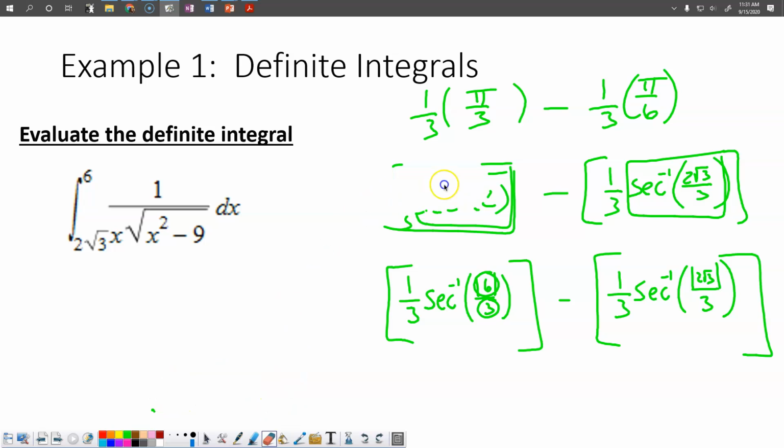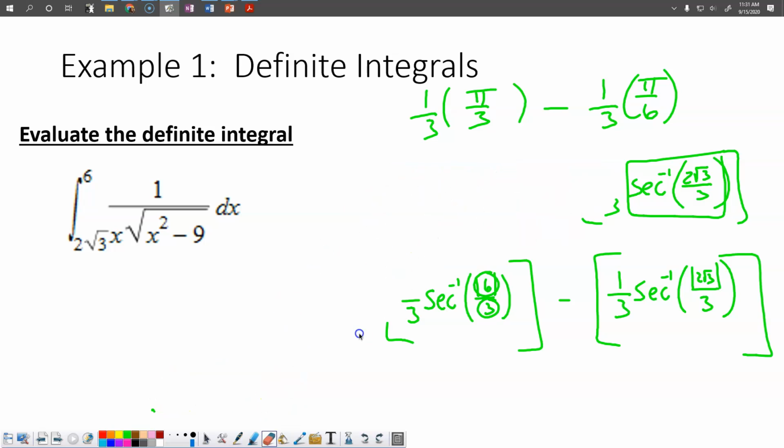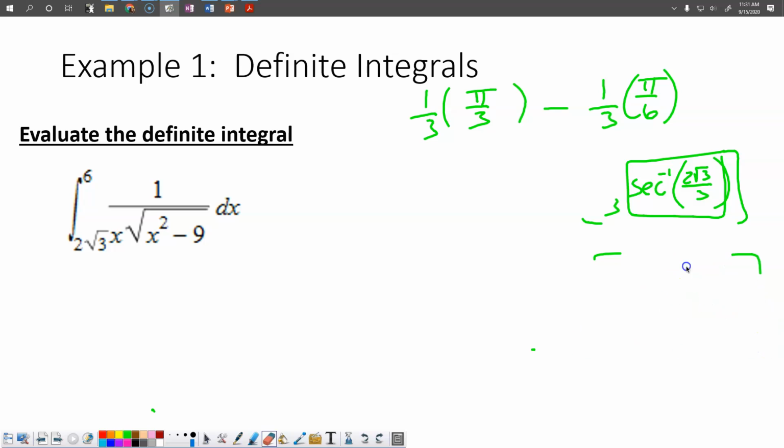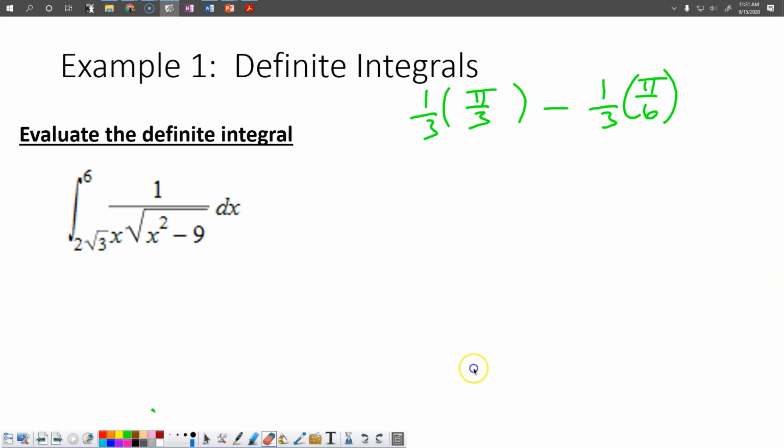Okay, so now we get to do some more fun pre-calculus stuff. We get to simplify this expression. Actually, simplifying this kind of is pre-algebra. It's not easy pre-algebra, but it's pre-algebra. 1 times pi is pi, 3 times 3 is 9, 1 times pi is pi, 3 times 6 is 18, and we need a common denominator.